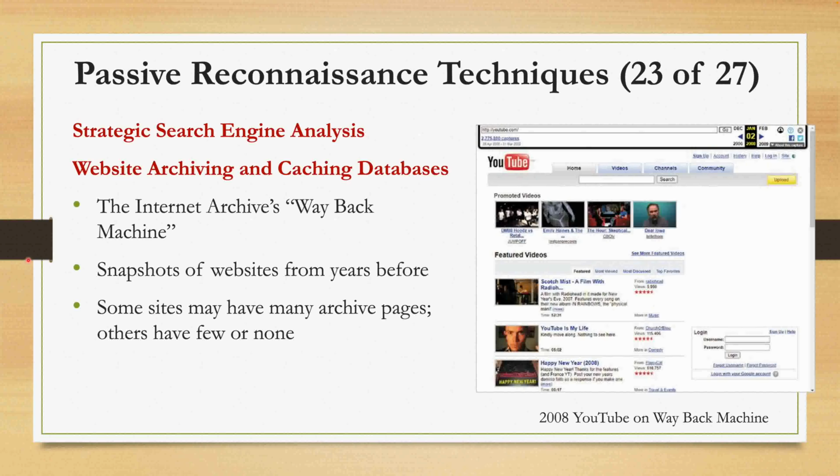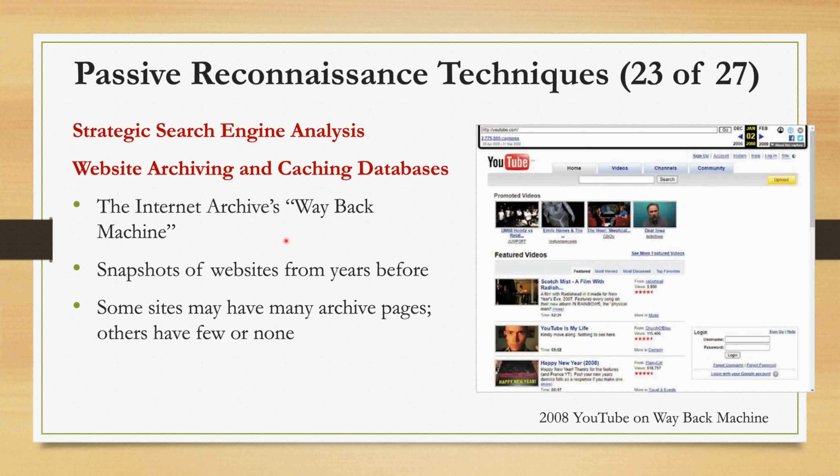Now, another tool here, the website archiving and caching databases, the Wayback Machine, you know. Now the question is, how can the Wayback Machine be useful? How can this be useful for you? Well, it benefits reconnaissance because you can access historical content.